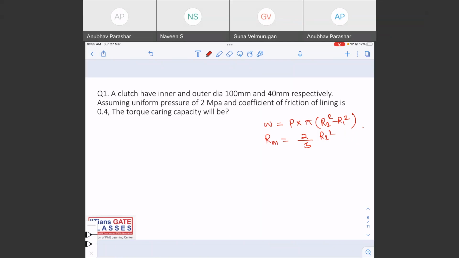These formulas are directly asked. And the frictional torque is equal to mu into Rm into W. So these are the three formulas. Similarly, you'll have a few formulas for uniform wear theory also, and then one or two conceptual questions.